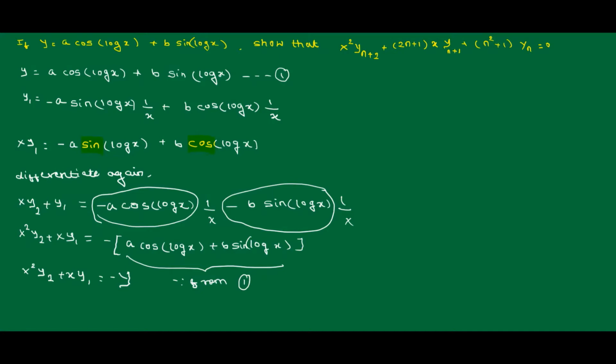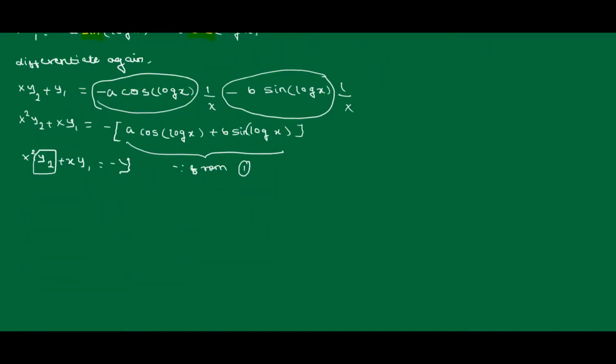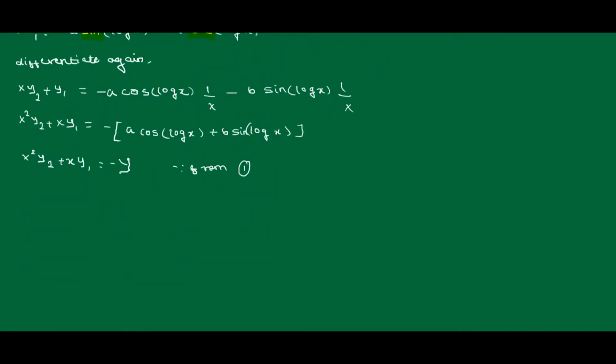So now we got the highest differentiation term, that is equal to y2. Now if we differentiate n times we will get the required solution. So now you can write differentiate n times by Leibniz theorem.